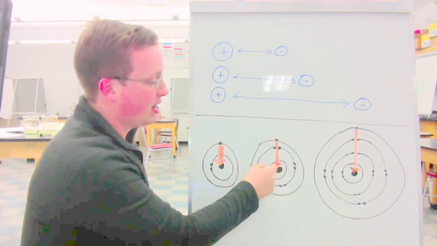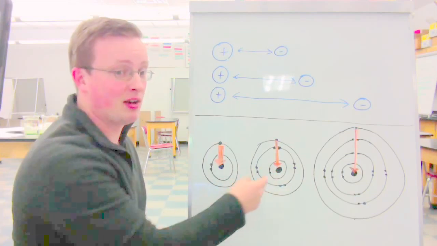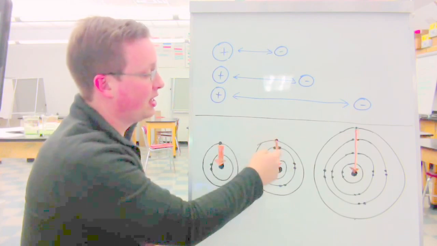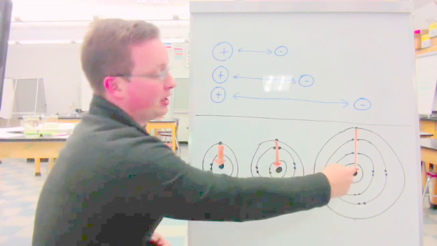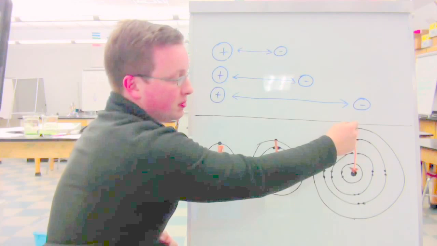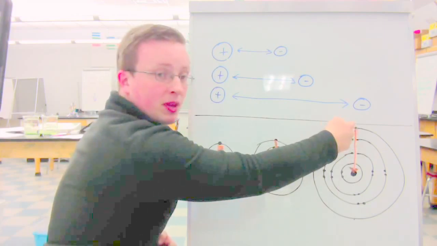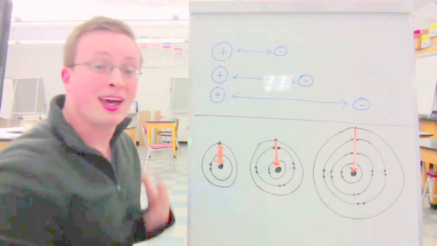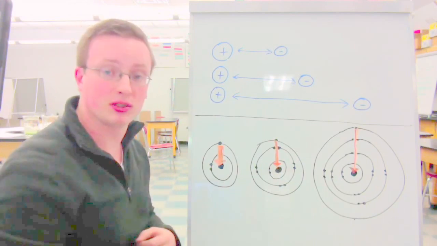However, if I have an electron that is farther away from the nucleus because it's on a larger ring, that electron experiences a weaker force. Finally, if I have an even larger element that has even more rings, if I have an electron all the way out on this fourth ring, that electron experiences even less force. As the distance increases, the force of attraction decreases.